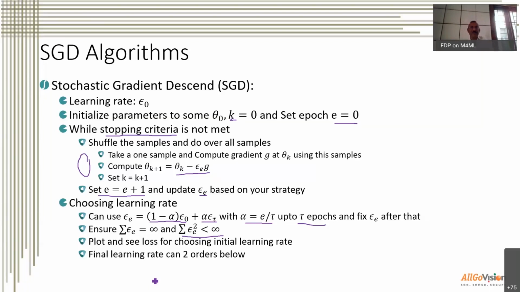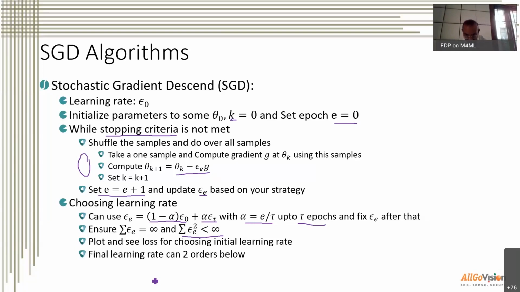You can try different epsilons, and pick whatever value gives you a good enough decrease and good enough step sizes, because both are important. Otherwise, you may get stuck in one place. You can see that you are not oscillating widely, yet making good strides and decent progress. That can be your initial epsilon, and the final learning rate can be a couple of orders of magnitude below that. So that's the SGD algorithm.